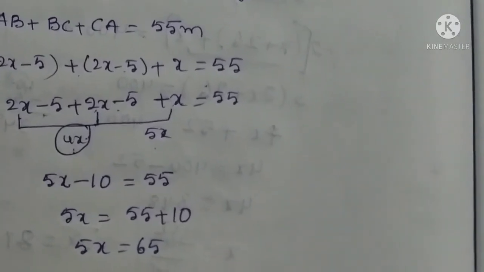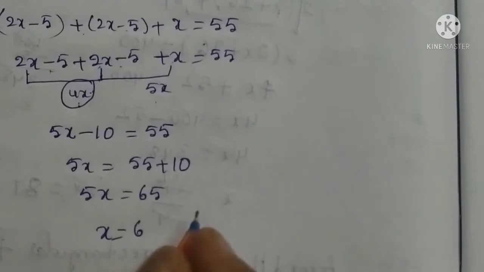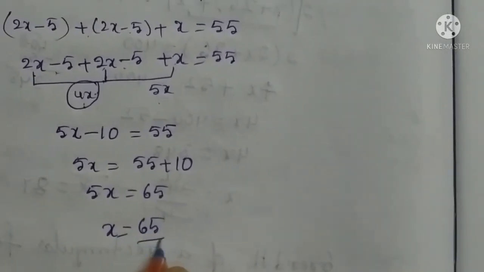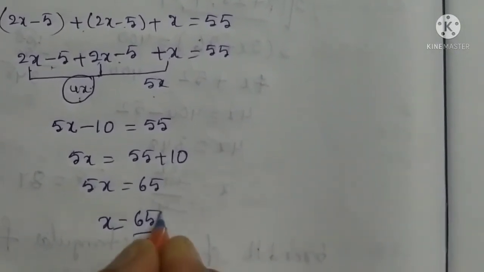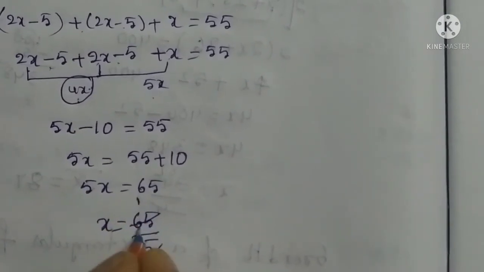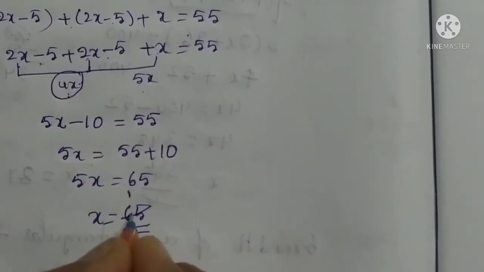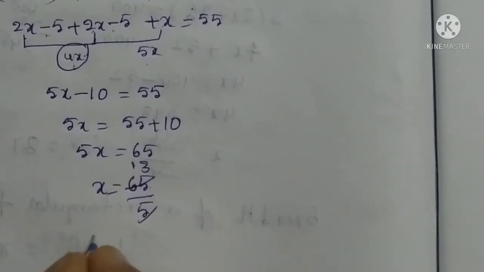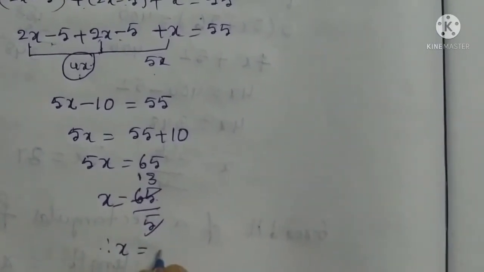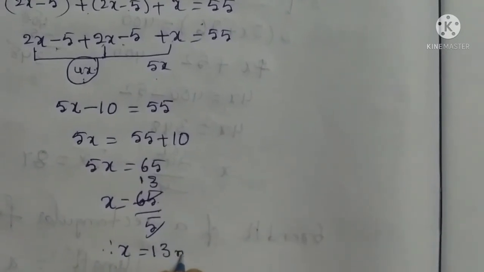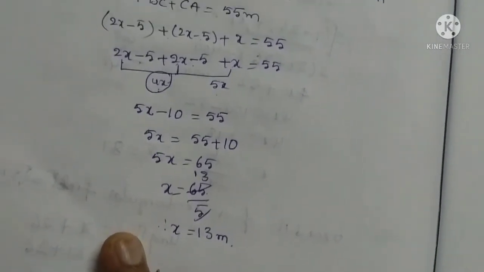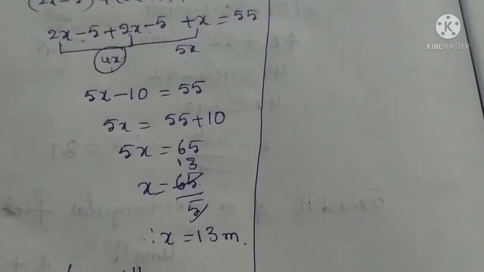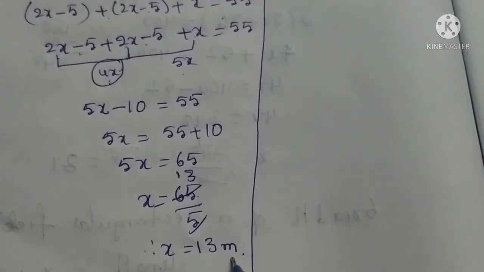x is equal to 65 by 5. 5 how many times? 13. 5 times 1 is 5, 6 minus 5 is 1, 15, 3 fives are 15. So finally x is equal to 13 meters. What is this x? The third side. Therefore the third side is equal to 13 meters.